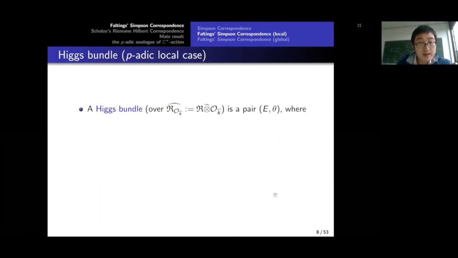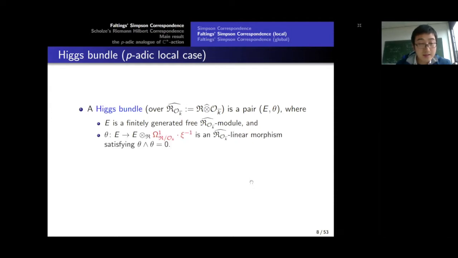Now we can define the Higgs bundle in the p-adic setting. A Higgs bundle over this R bar hat is a pair where E is a finitely generated free R bar hat module, and theta is an endomorphism of E with value in Omega multiplied by this xi inverse. This xi is just the generator of the kernel of the surjective map we gave before, and it satisfies this integrable condition.